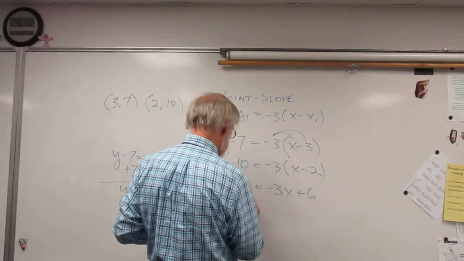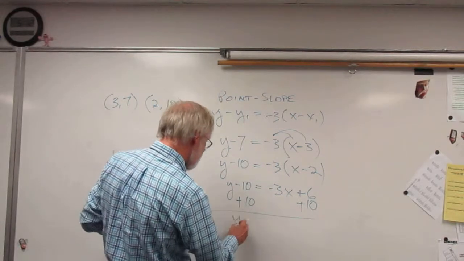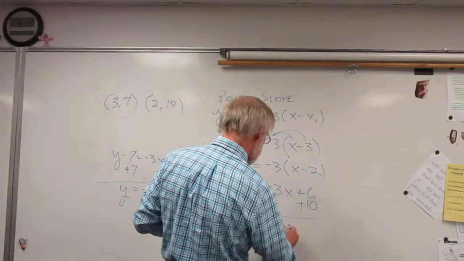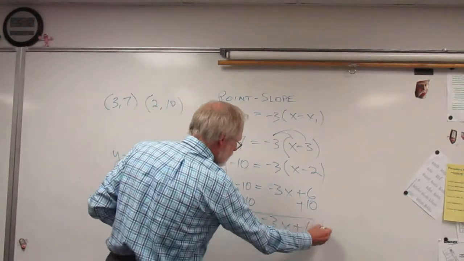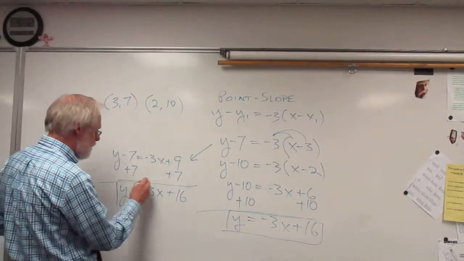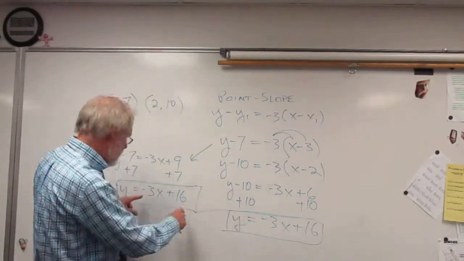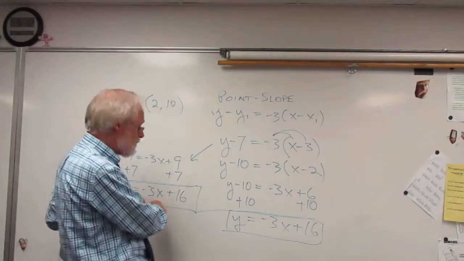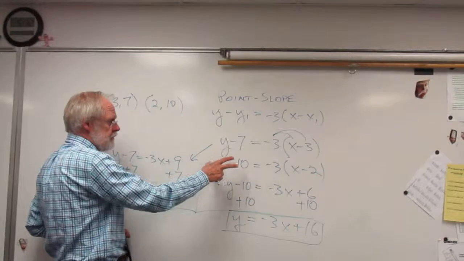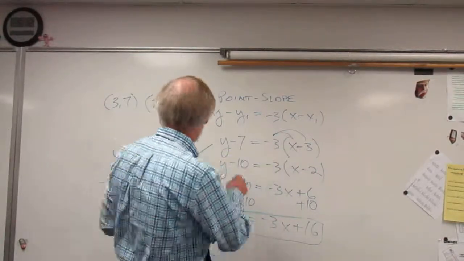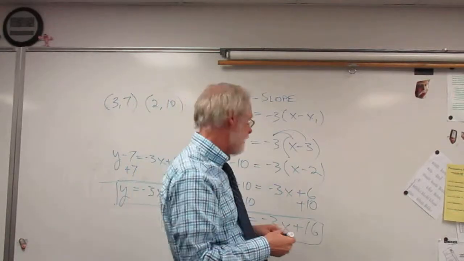Okay, I'm going to add 10 to both sides, and I get y equals negative 3x plus 16. Those two are identical. So the fact that we had two different equations here doesn't mean they represented different lines, because they came out to be the same line. They were just using different points. The first one used the point 3,7, and the second one used the point 2,10.